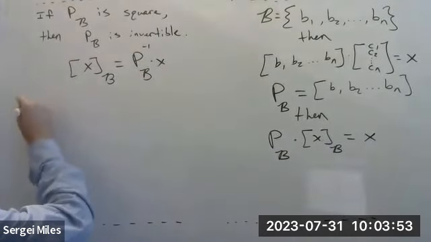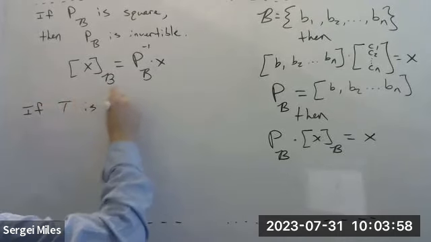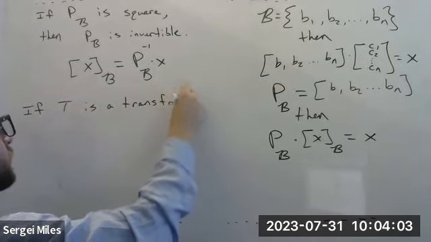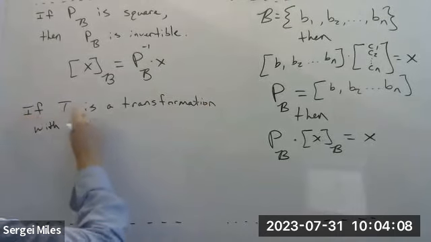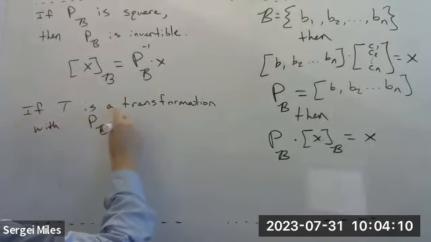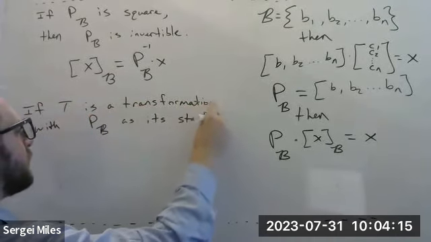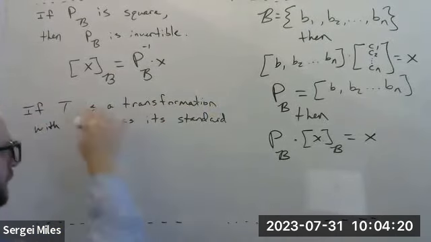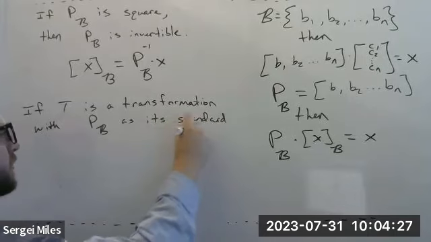So if T is a transformation with PB as its standard matrix, that means you plug in a vector x, it gets multiplied by PB, and that is going to output a new vector.